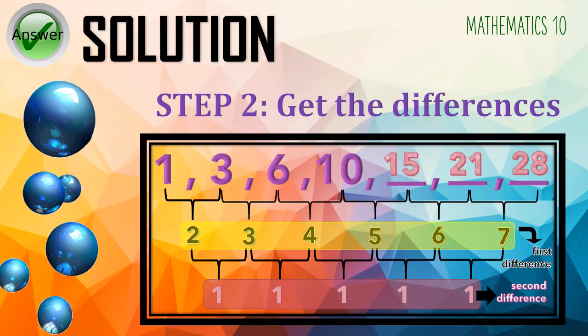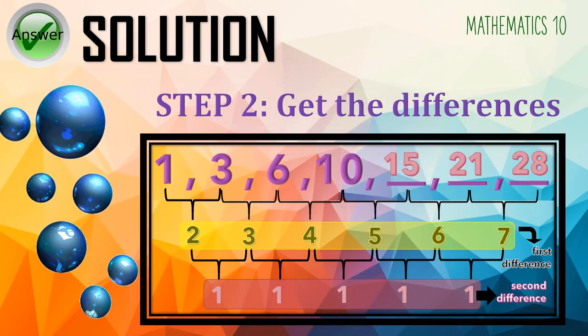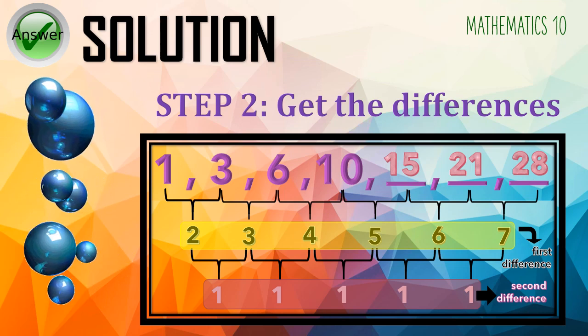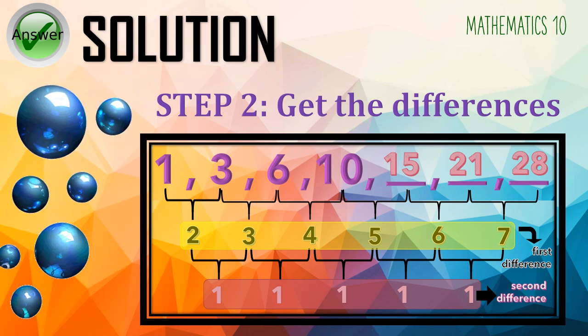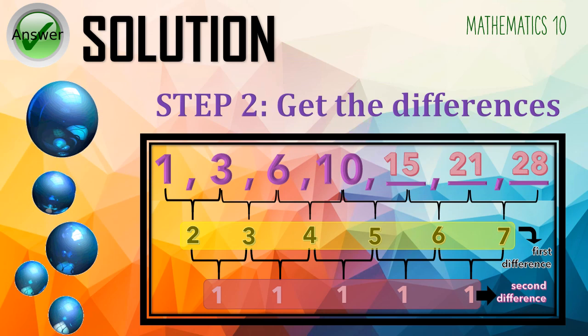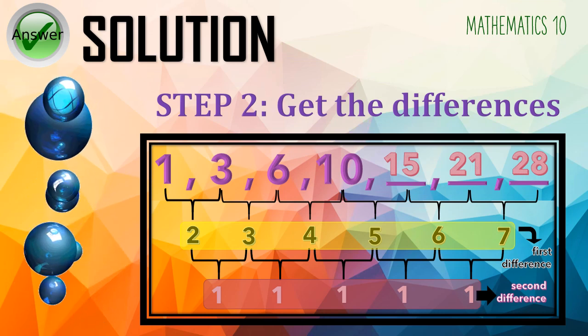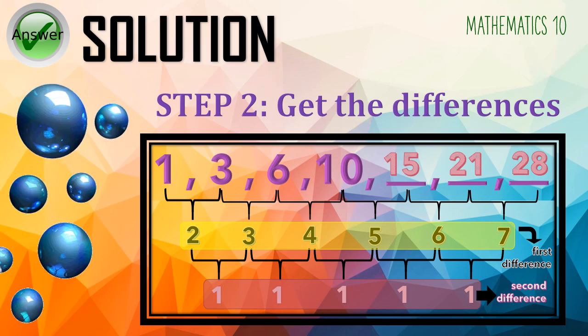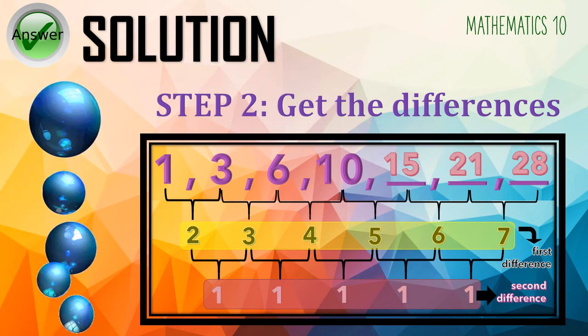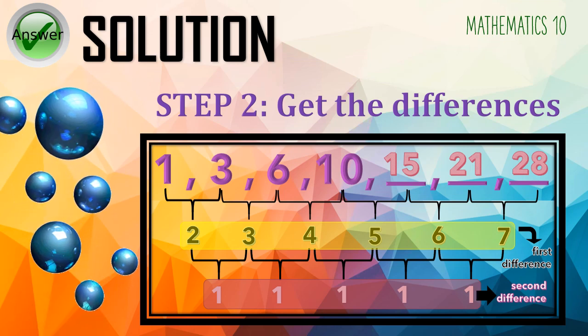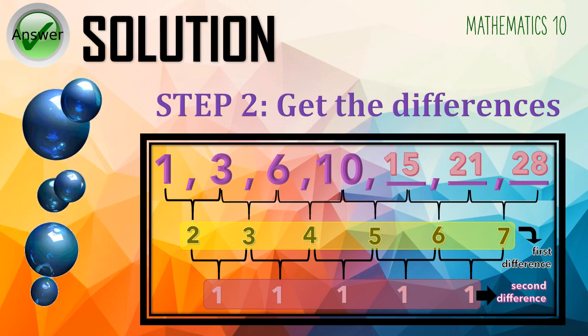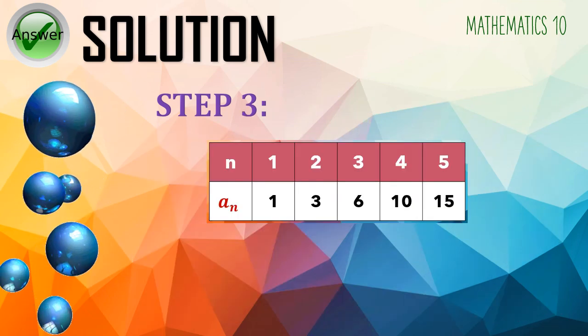For step 2, as in our drill, we have already taken the first difference and second difference, so we can see that the second difference is constant. Therefore, we are supposed to form 3 equations, and that will be our step 3.